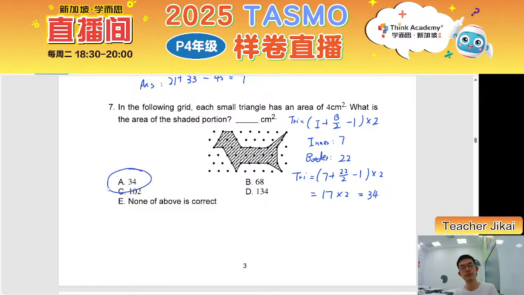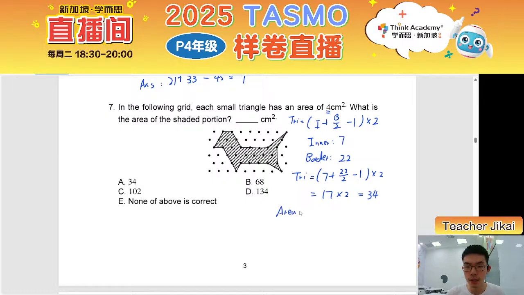Please note, this is the answer about the number of triangles. When we want to get the area, we need to multiply by the area of each triangle. What is it? 4 cm squared.